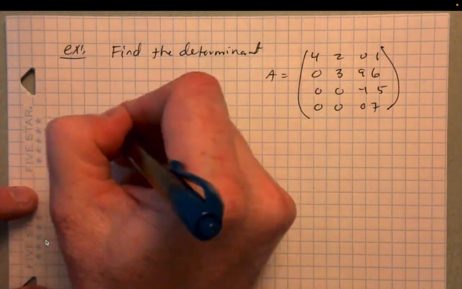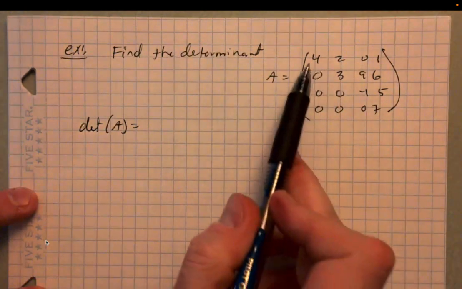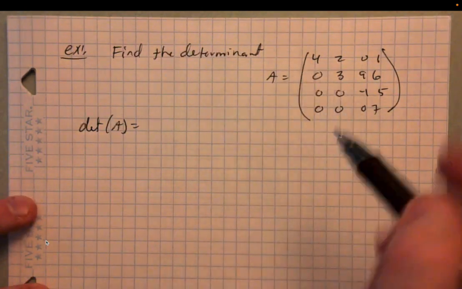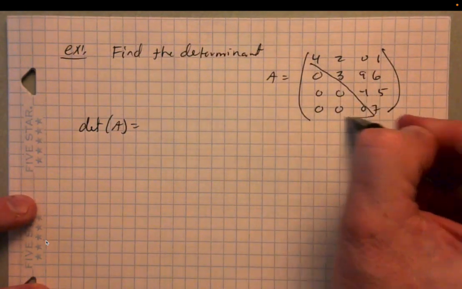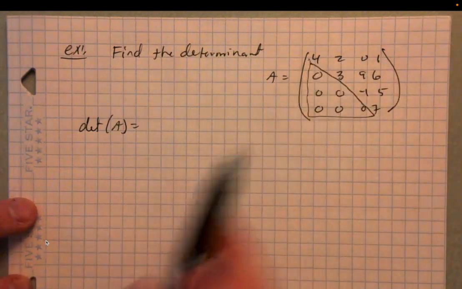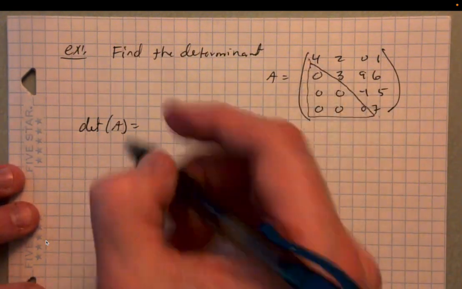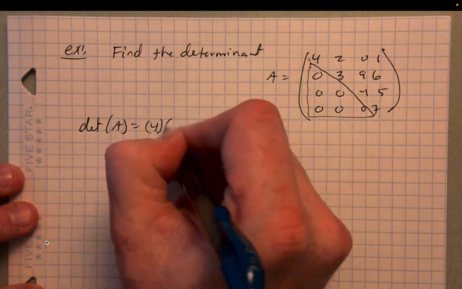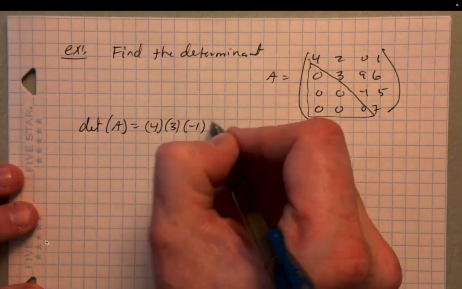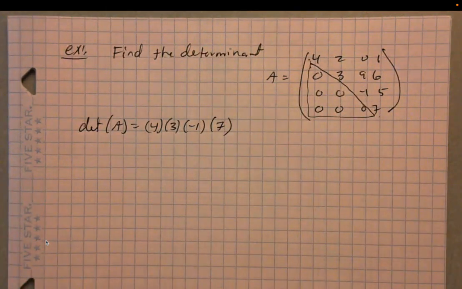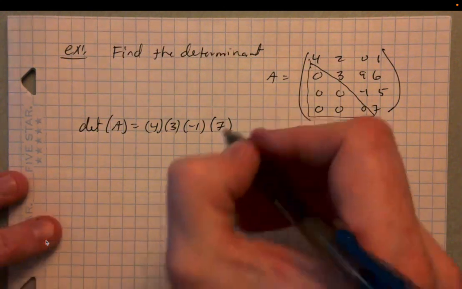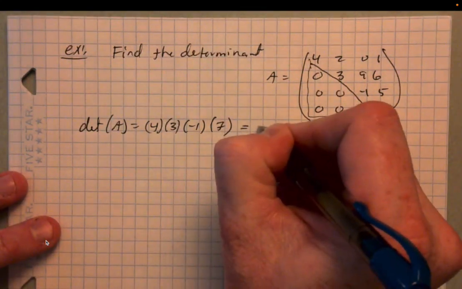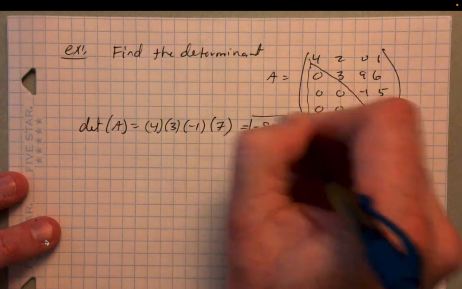Well, the determinant of A in this case is just the product. Notice it's upper triangular. That's the key, obviously. Upper triangular matrix, so we can multiply the diagonal entries. So 4 times 3 times negative 1 times 7. Okay, that's going to be what? 12 times 7 times negative 1, so it equals negative 84.